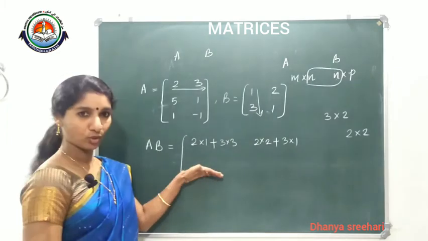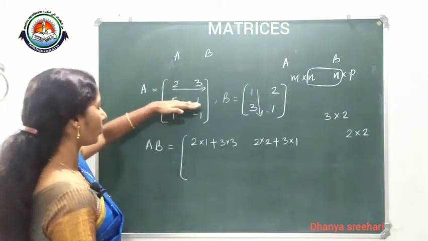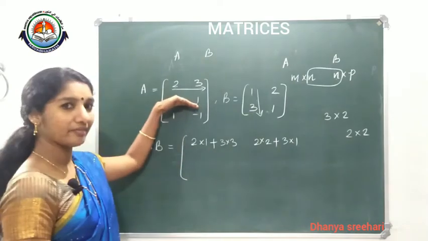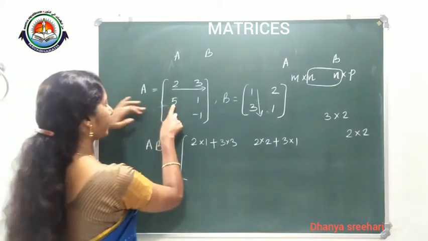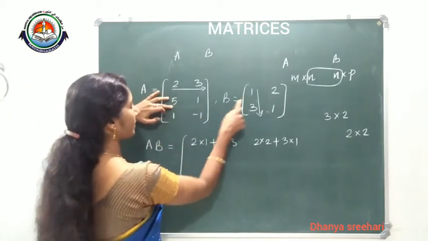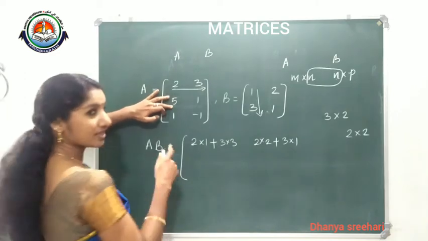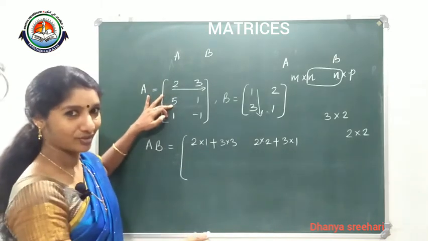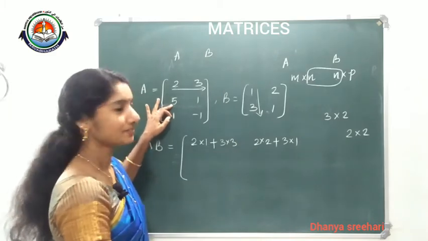And in the second row, second row with the first column we will get the second row's first element. So the second row is 5, 1. We multiply this with the first column to get the first element. Second row with the first column, second row with the second column. Like this we will continue.